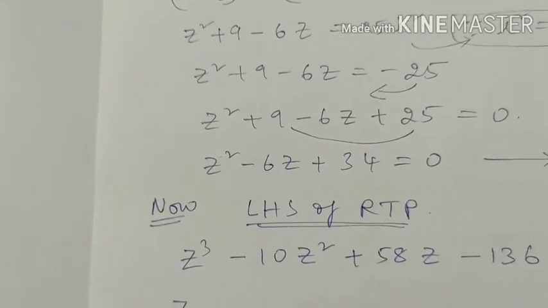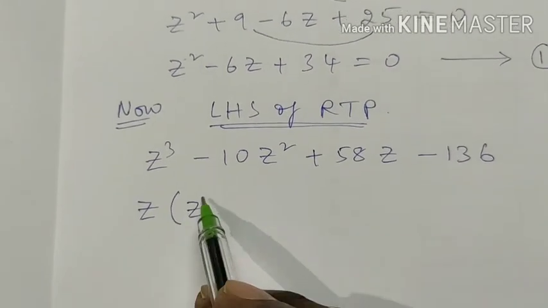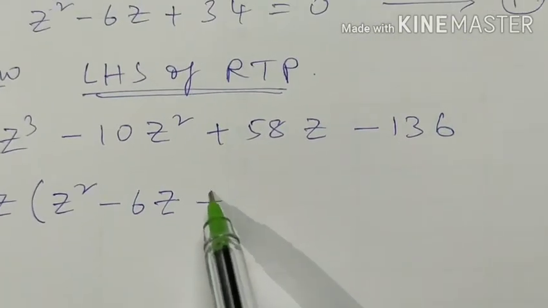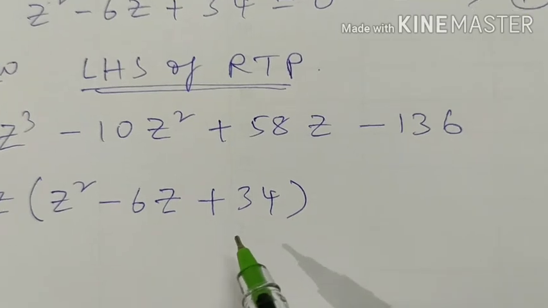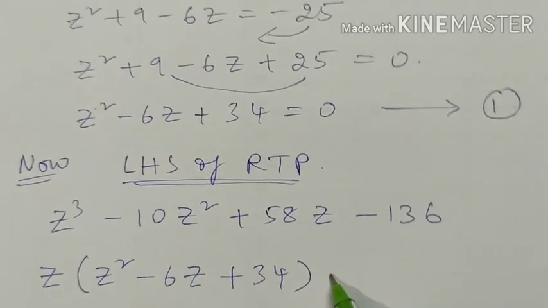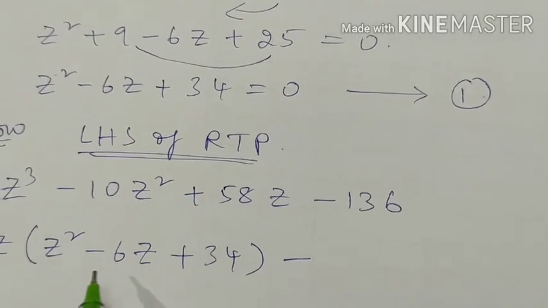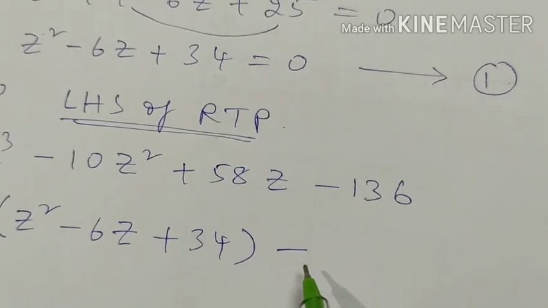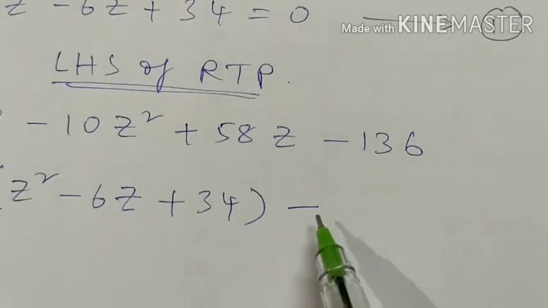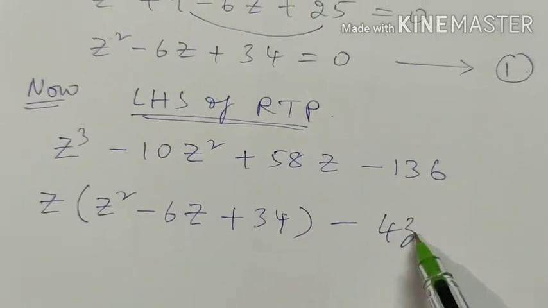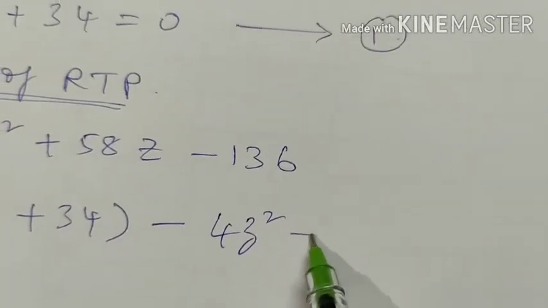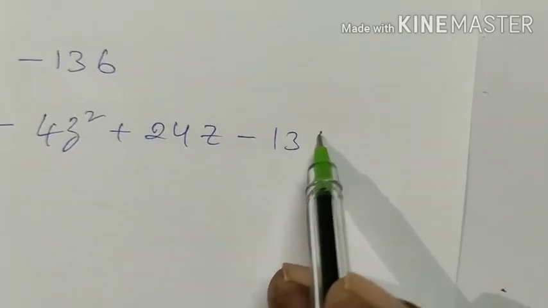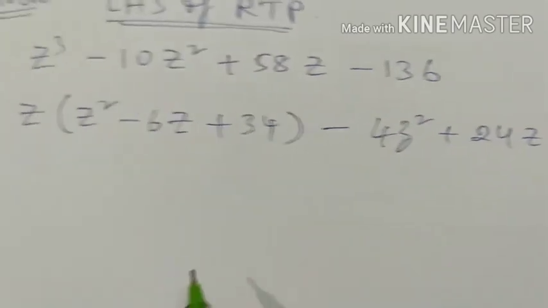So taking z common, this can be z times (z square minus 6z plus 34). Next, what will remain? Minus 4 z square plus 24z minus 136 will remain.